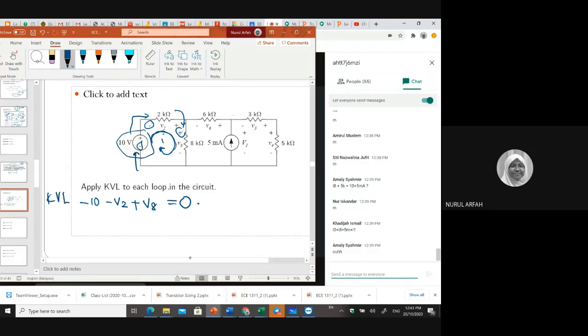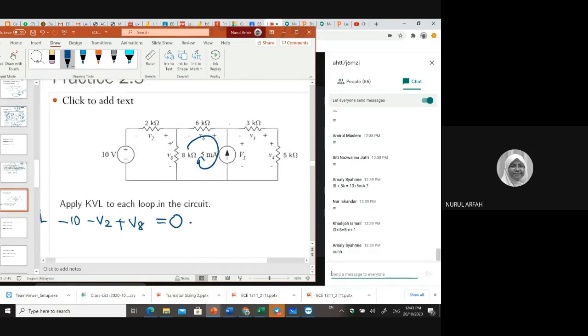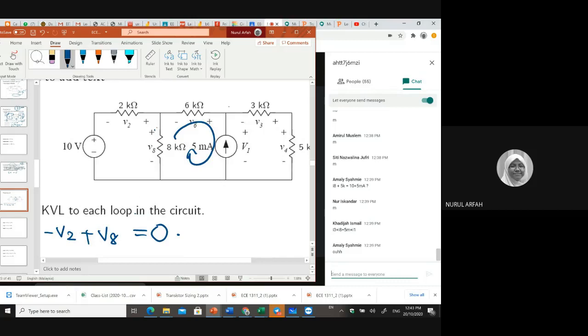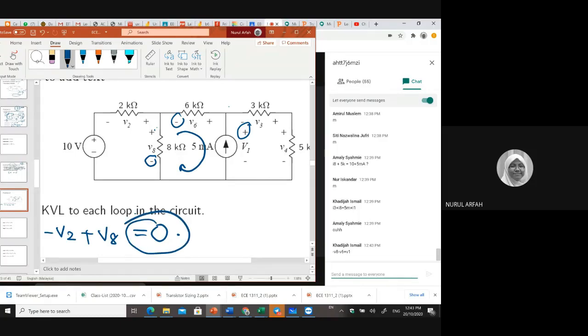Number 2, in the middle. Okay, anyone? Okay, you start with V8. Okay, negative V8, yes. Minus V6, yes. Plus VI. Another thing, you forget this.